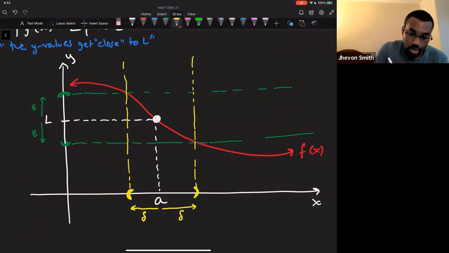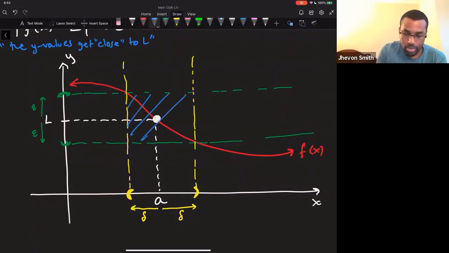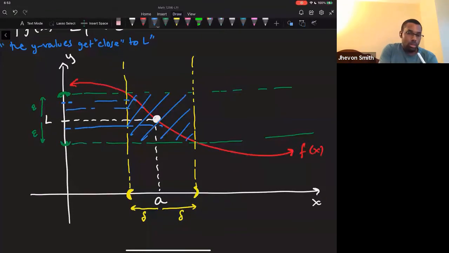Notice that this creates a box. And you'll notice that within that box, all the y value outputs will be within epsilon units of L. So within that box, if your x values are so close that they're within that box, then your y values will be so close that they're within that other box. That's basically what it is, right?